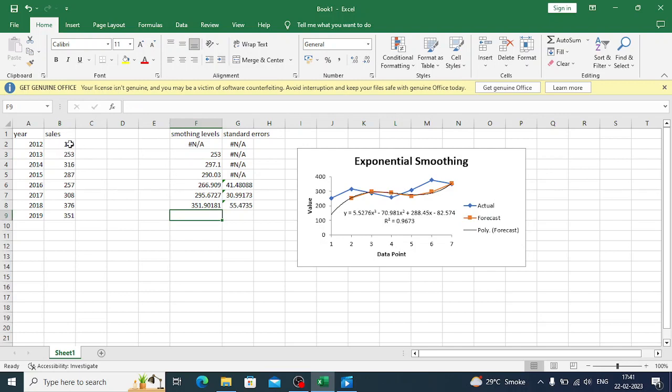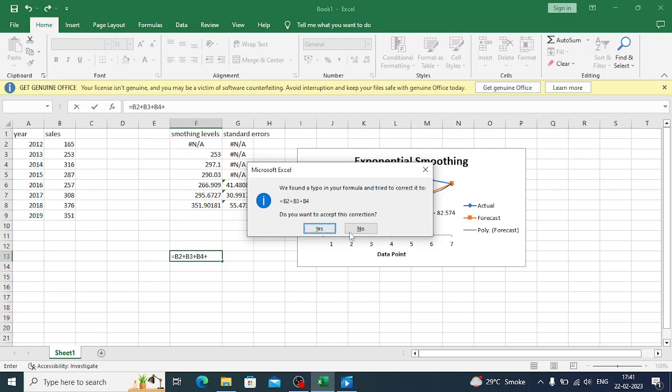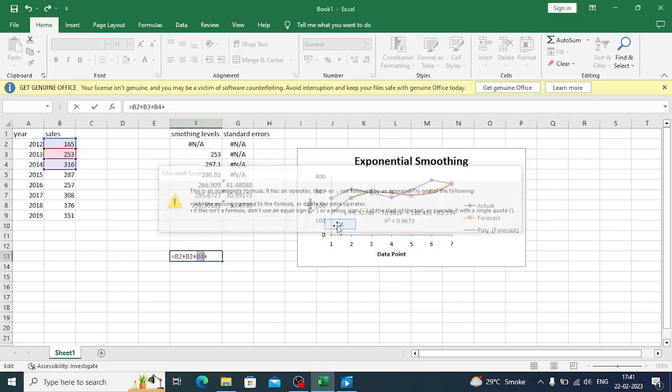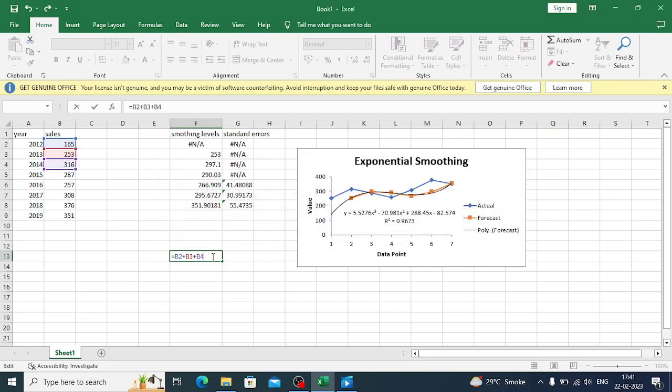Here we have used this formula. Just use the summation of this one, 1 plus 2 plus 3, is equal to, 1 plus 3, enter, and this value is equal to this value divided by 3.